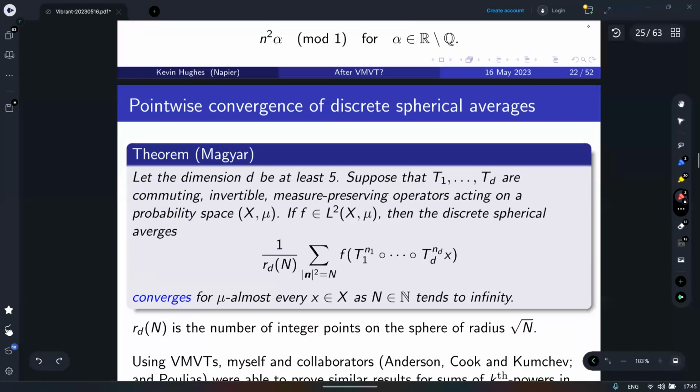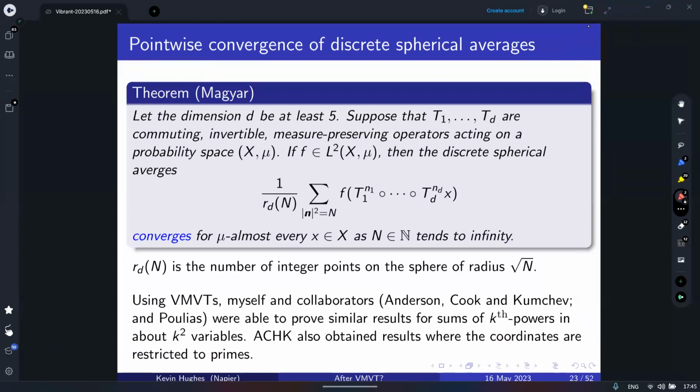The higher dimensional version of this was due to Magyar, where he sampled over integer points on a sphere. And using the Vinogradov mean value theorems, myself with some collaborators, in particular Tess Anderson, Brian Cook, and Angel Kumchev, we looked at sums of k-th powers. Using the best available work on those Vinogradov mean value theorems, we can prove these sorts of ergodic theorems as soon as we have enough variables, about degree squared many.